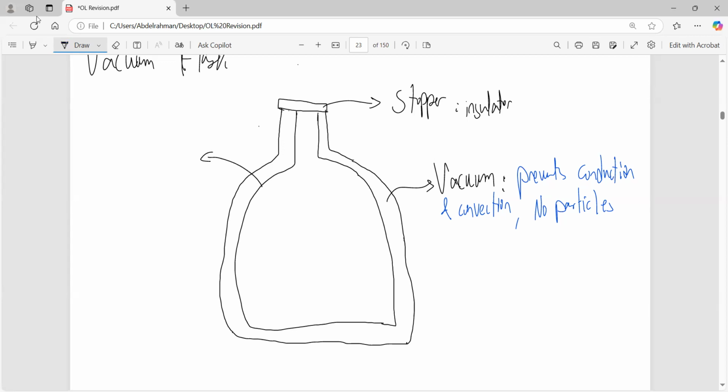Are all vacuum flasks made this exact same way? No. But this is the optimum. So the material from which this vacuum flask would be made, preferably a non-metal, an insulator. Why an insulator? Again, to reduce the heat lost by conduction.